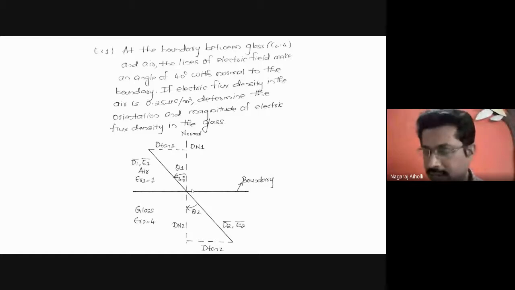What is the value of Dtan1? How much are you getting? Anybody got the answer?